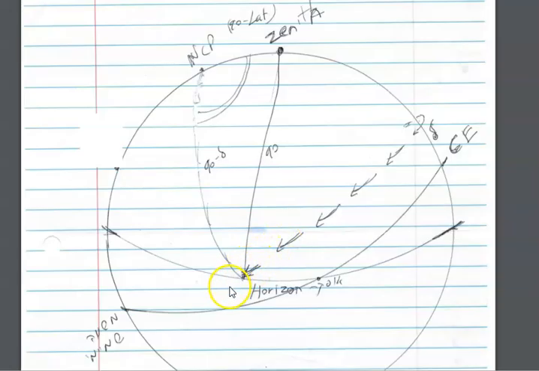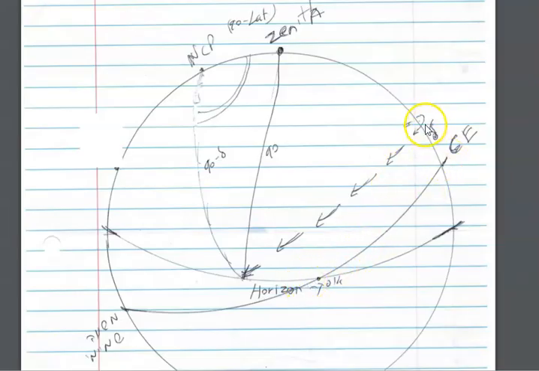When it passes this point, it sets. Now, the celestial equator, we always know it's 90 degrees, because any star that's on the celestial equator, from when it reaches the highest point until it sets, will always be 6 hours, 90 degrees.